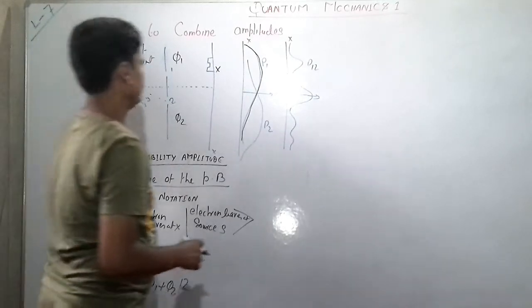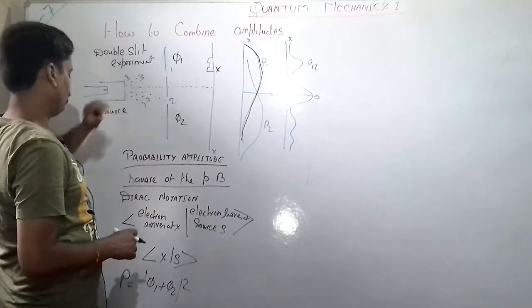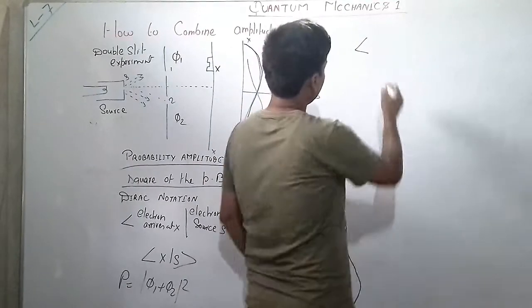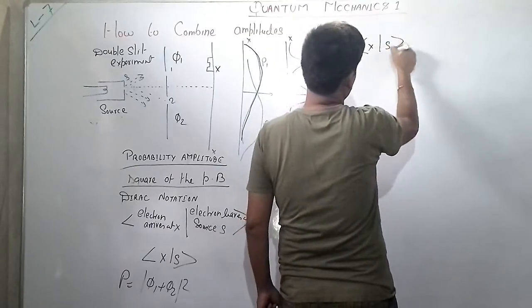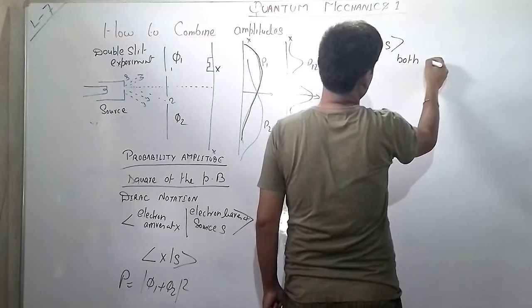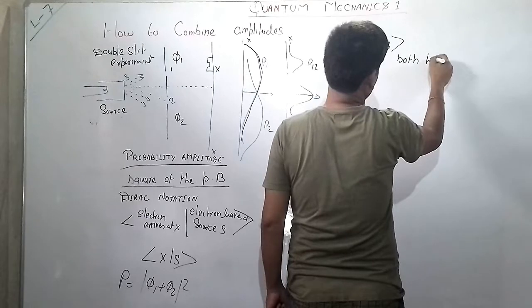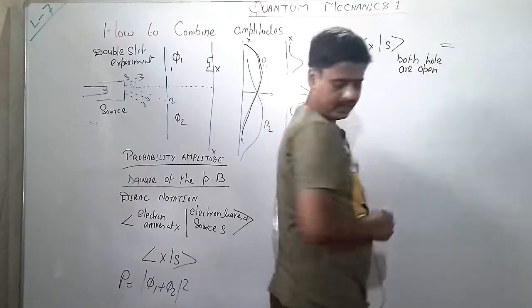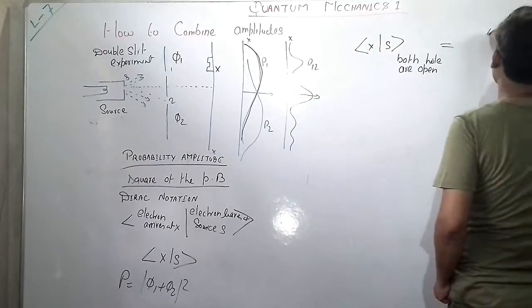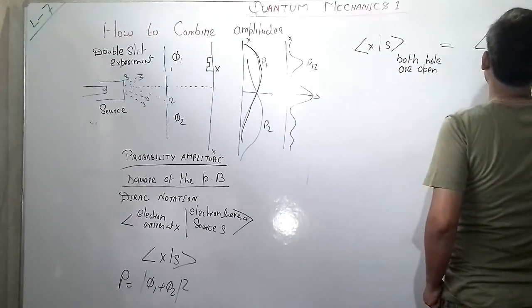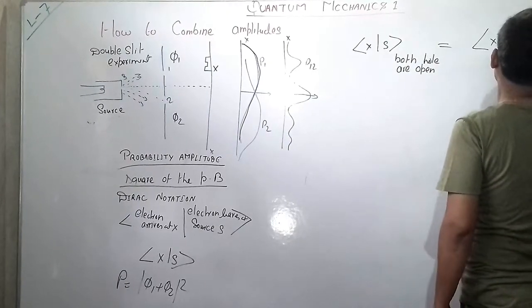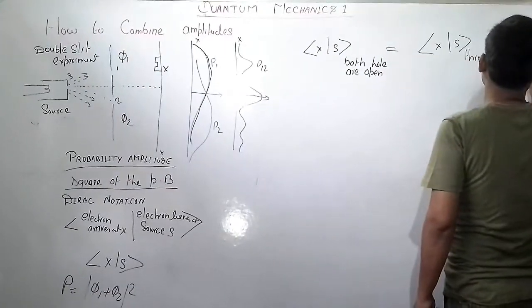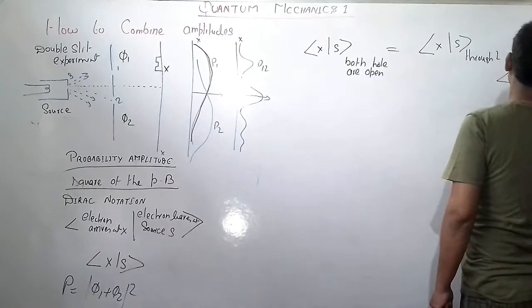So now when both holes are open, we can write the individual amplitudes: X through 1 plus X through 2.